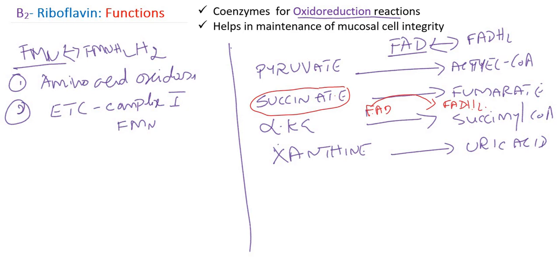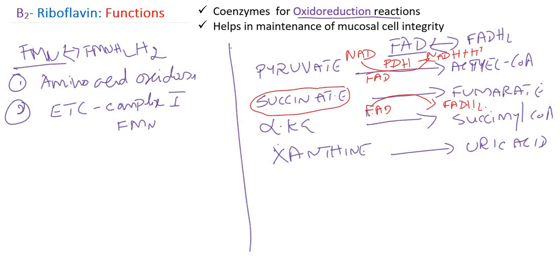In the previous class about thiamine, we studied that pyruvate is converted to acetyl-CoA by oxidative decarboxylation, where NAD is converted to NADH plus H plus. In this reaction also we require FAD. The enzyme catalyzing this reaction is pyruvate dehydrogenase, a multi-enzyme complex.